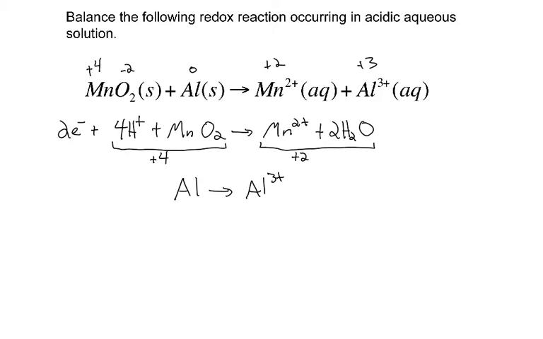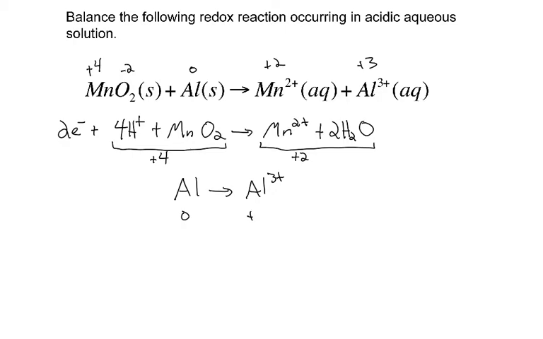All right, so at that point, the first half reaction is balanced. Now I'll follow those same steps to balance the oxidation half reaction. In this case, the non-oxygen hydrogen element is aluminum, and I have 1 and 1, so that's balanced. I have no oxygens and hydrogens to worry about, so all I need to do is get the charge balanced. My charge on the left-hand side is obviously 0.